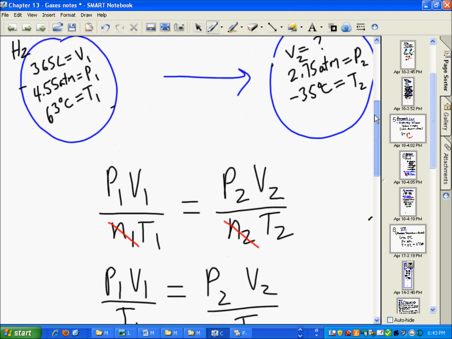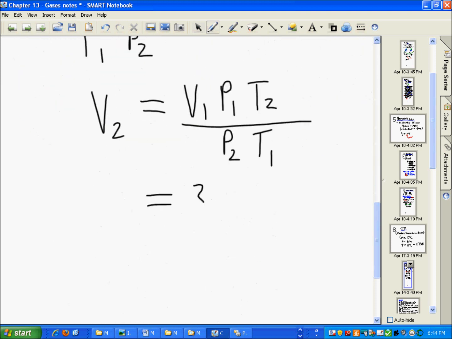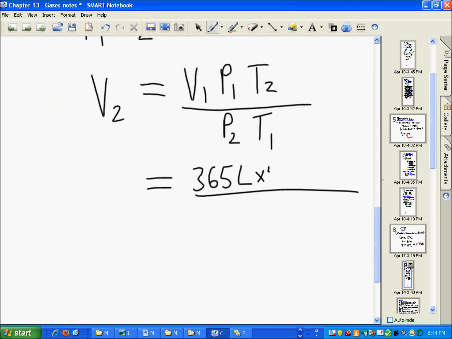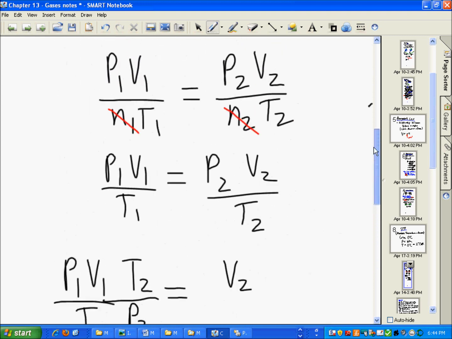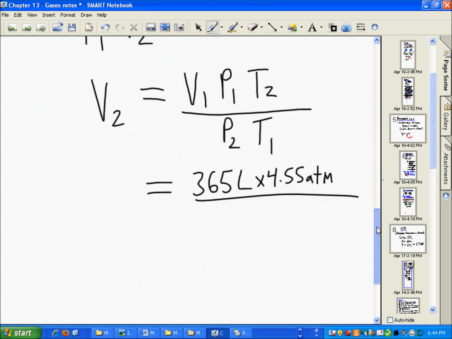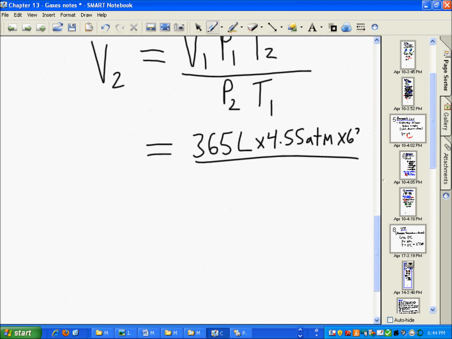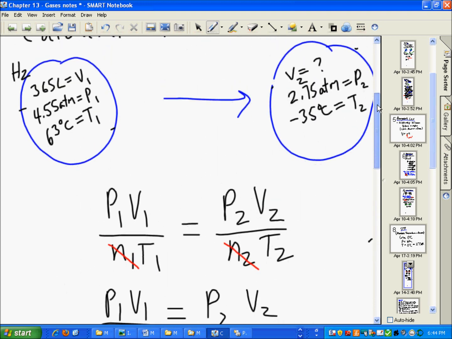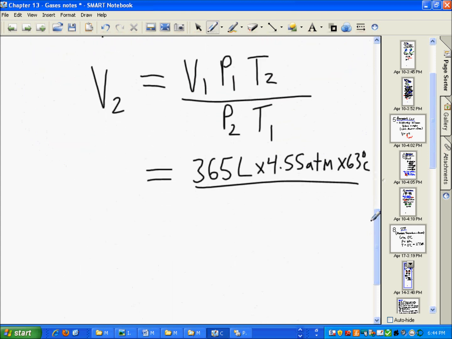So V1 was 365 liters. P1 was 4.55 atm. And T1 was 63 degrees Celsius. And on the bottom we have, I thought T1 was the... oh, you're right, it is. My mistake.